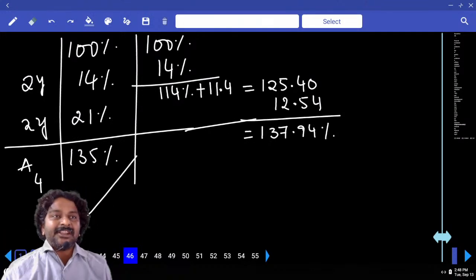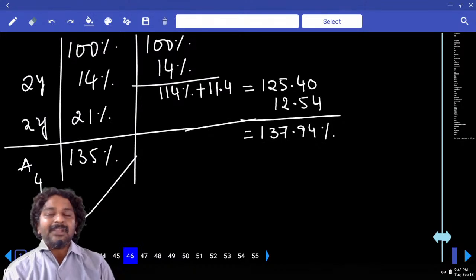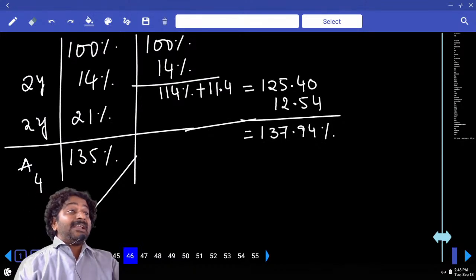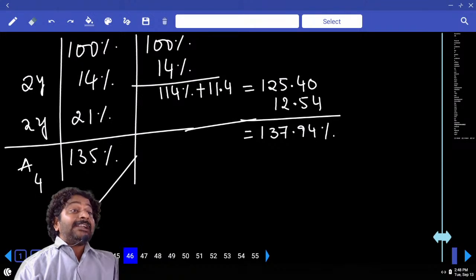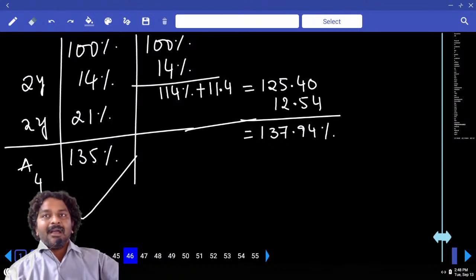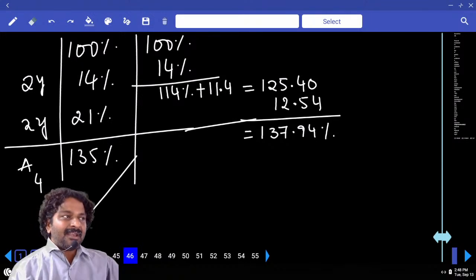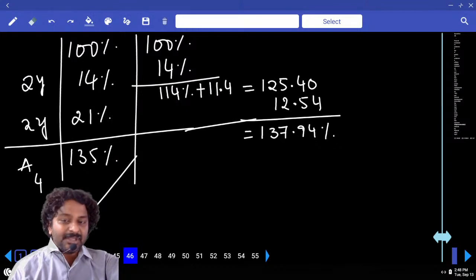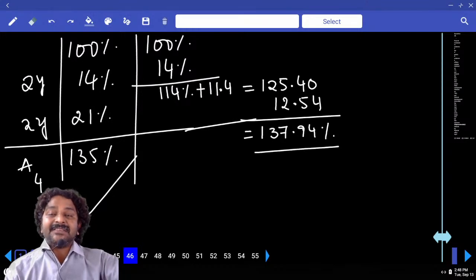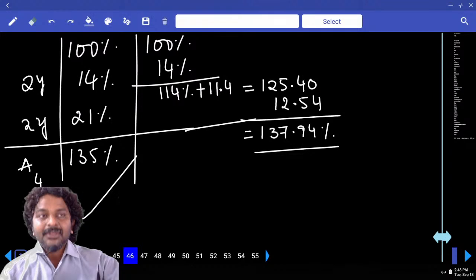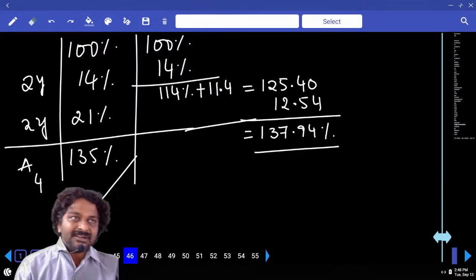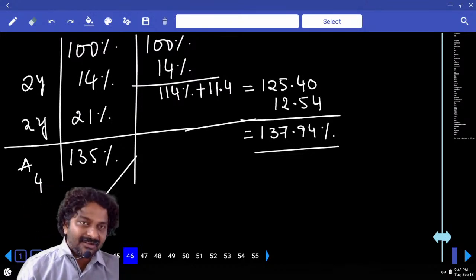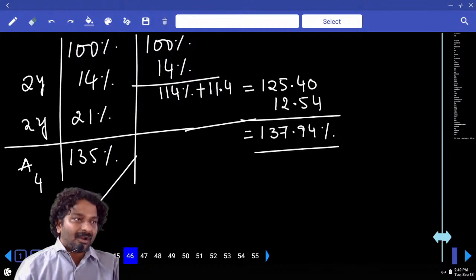This is the case: 135% after 4 years if interests are paid on a timely basis, that is, simple interest is paid after 2 years. If interest is not paid after 2 years, the amount becomes 137.94. Usually, when the question is written, they should clearly mention whether interest is paid or not.